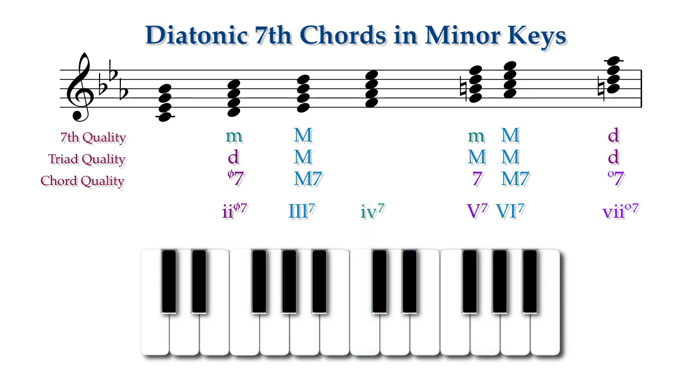And the subdominant chord is a minor 7th chord. These are the common 7th chords in a minor key.